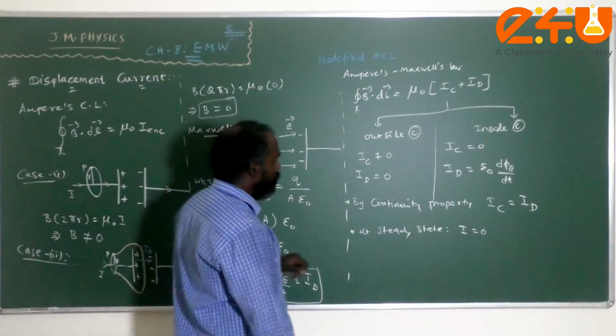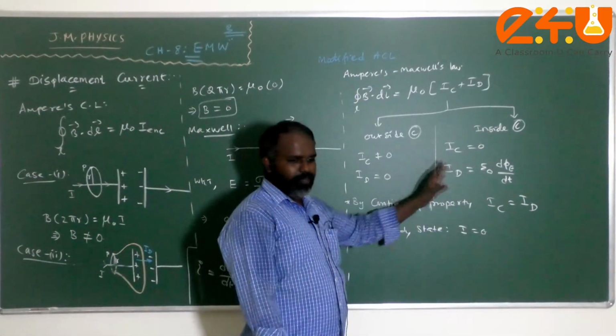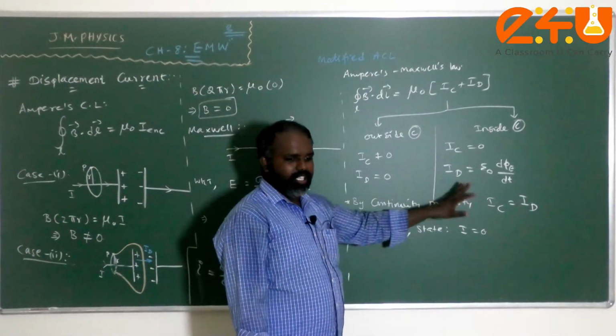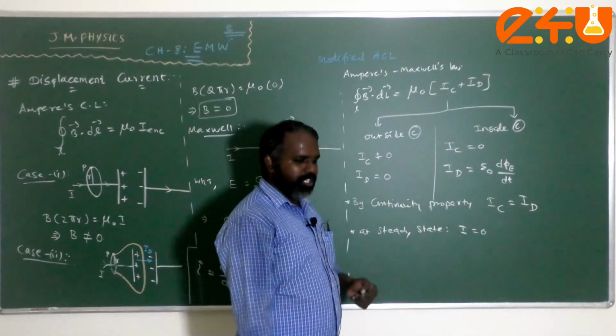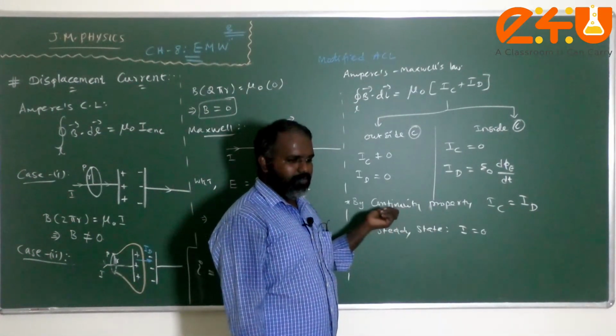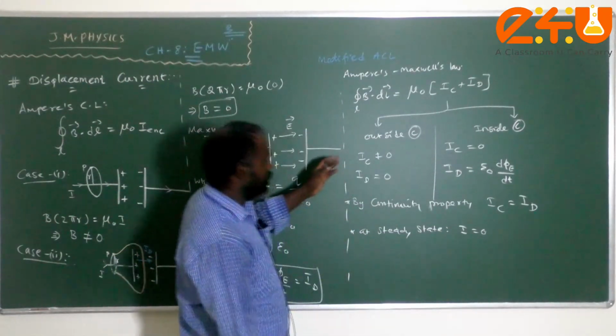Okay, children? Please keep in mind which current exists in which region and which current does not exist. It's a very important and simple concept in EM waves. Yes, children, please kindly note it.